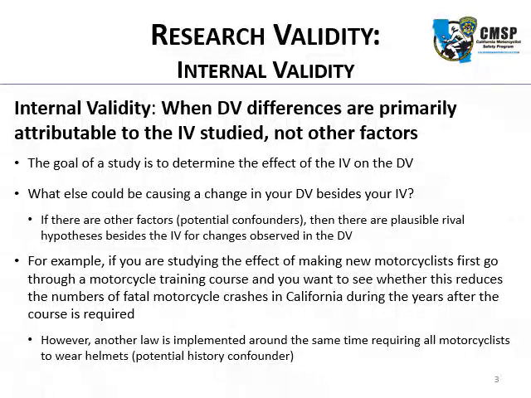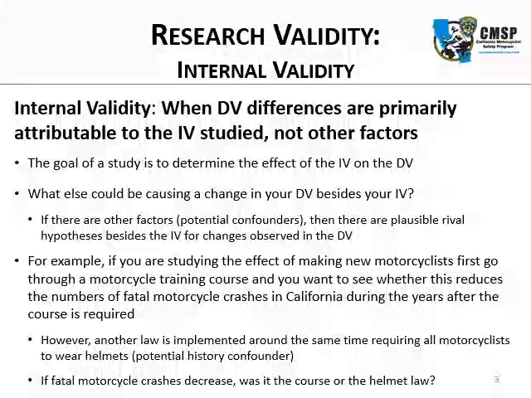However, let's say that during the time that they implement that law requiring new motorcyclists, who are involved in a disproportionate number of crashes in our state, the legislature passes another law that requires all motorcyclists to wear helmets. Well, what do you have? You've got 2 plausible hypotheses that could explain any reduction or change that you see in fatal motorcyclist crashes. That is what we call a potential history confounder, another thing that occurred during the point of your study that can also explain differences that you see.